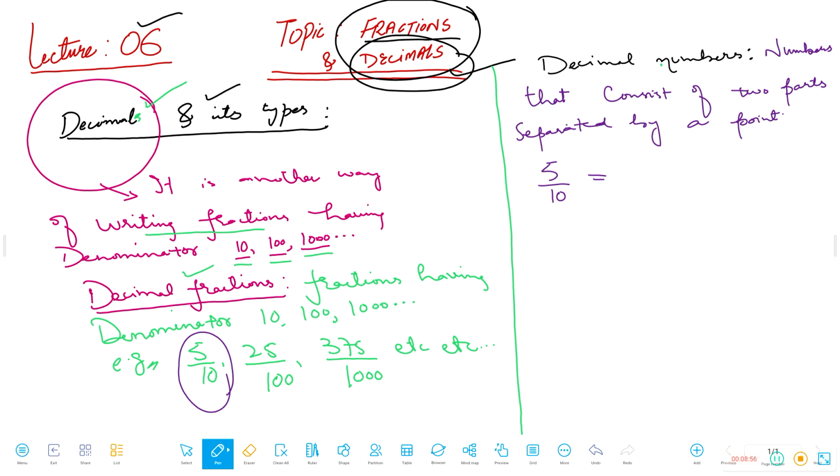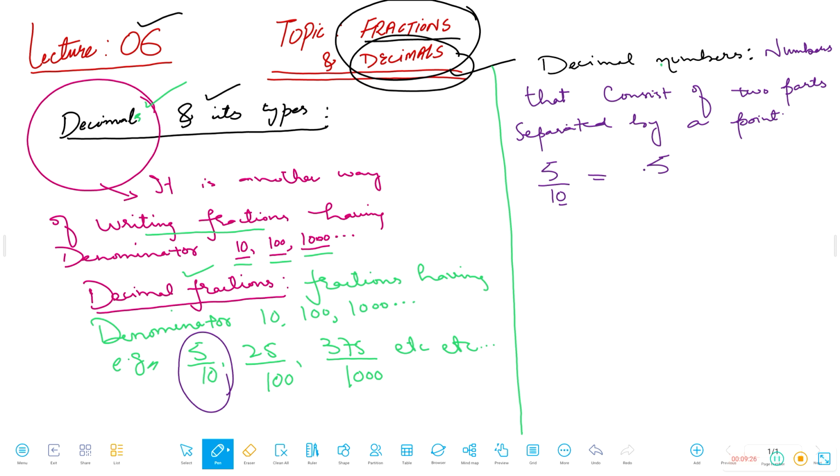5 by 10. Whenever the denominator is 10, 100, 1000, you have to write the numerator back. Now, how many zeros are at the bottom? One. Whenever we divide any number by 10 and convert it into a decimal number, the decimal point comes on the left side of the number, after as many digits as there are zeros at the bottom. There is only one zero at the bottom, so after one digit from the right side of the number you will get a point.